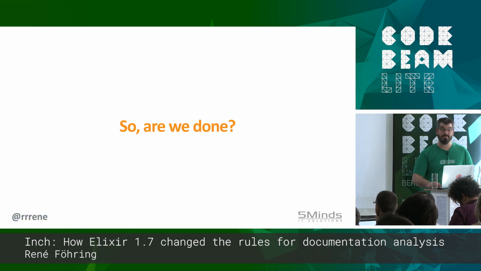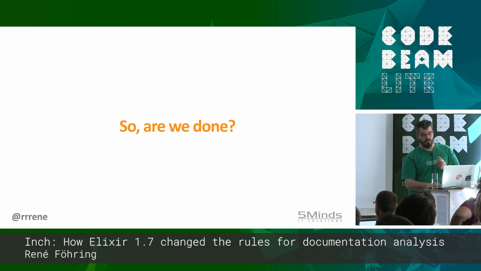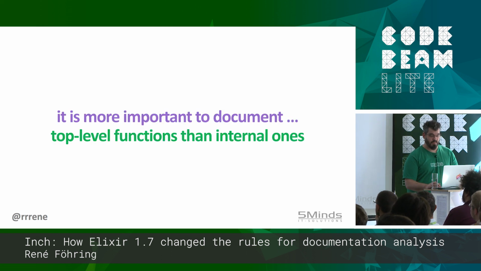So, are we done? Well, there's one thing we did not do yet, and that is to prioritize which things are more important to document than others, which is why we need another set of rules to determine just that. So we make up rules like top-level functions might be more important to document than internal ones.